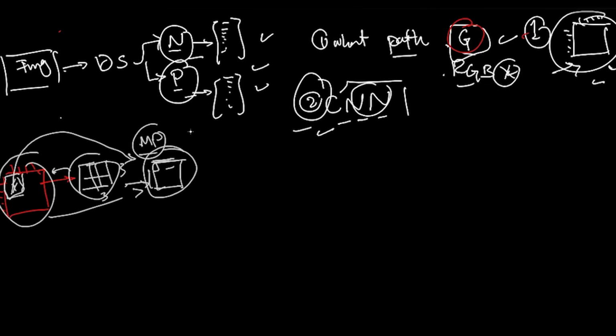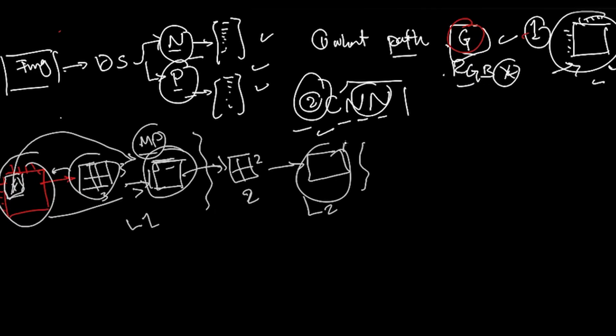I could do the exact same process one more time, exposing it to a new filter, and this time maybe smaller, could be 2 by 2 or again 3 by 3, depends. I take the outcome of the previous layer, say this is layer 1, and put it back in and do the same exact thing, and I would end up again with a new image. Maybe I could do that one more time after max pooling, of course.